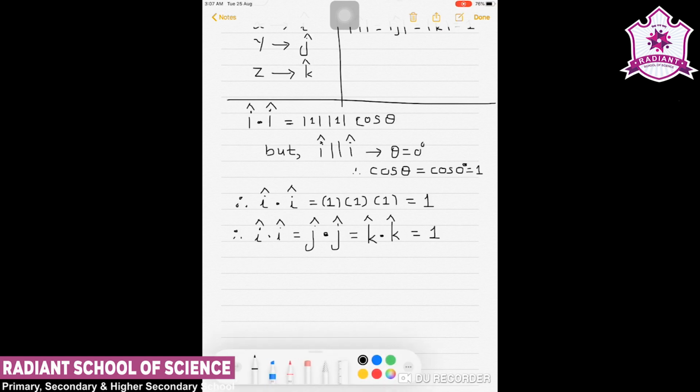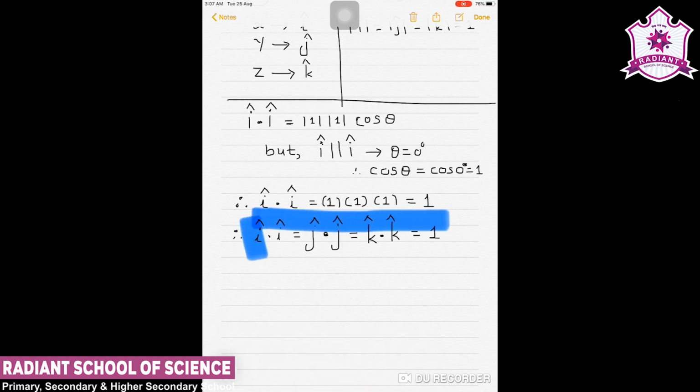So this will be a useful result, and applications of this equation will be there in many examples, where we have to apply this relation, that i dot i is equal to j dot j is equal to k dot k is 1.